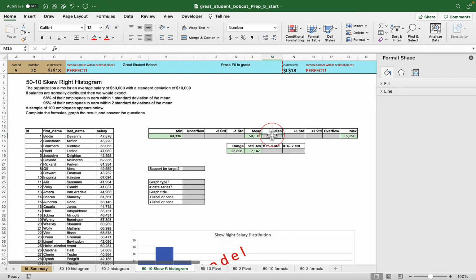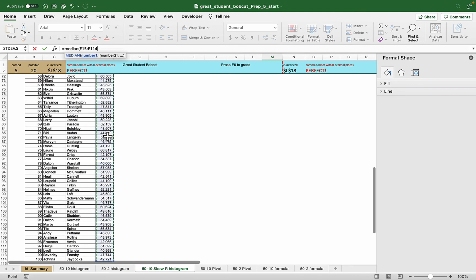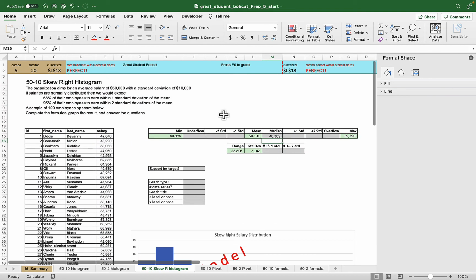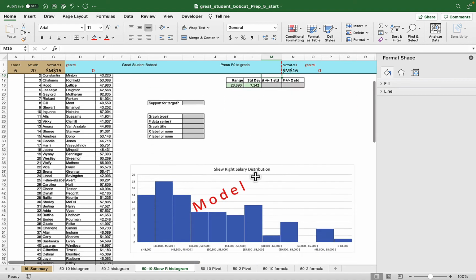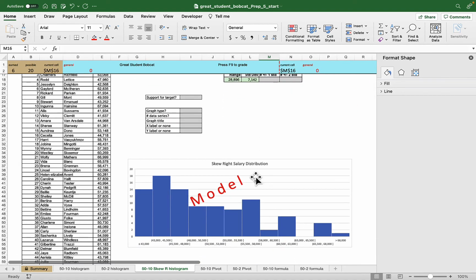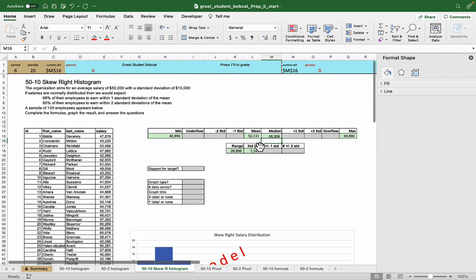All right, let's look at the median, because that's the other measure of central tendency. And you can see it's close, but about 2,000 less. Now, when you have a skewed distribution, the number that you're really supposed to report for central tendency is the median, not the mean.